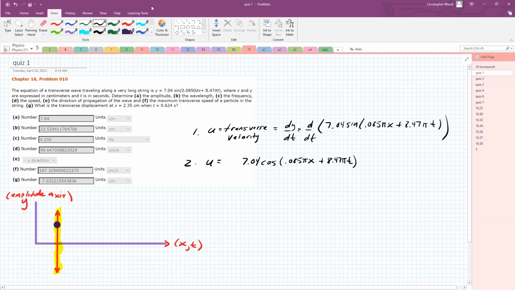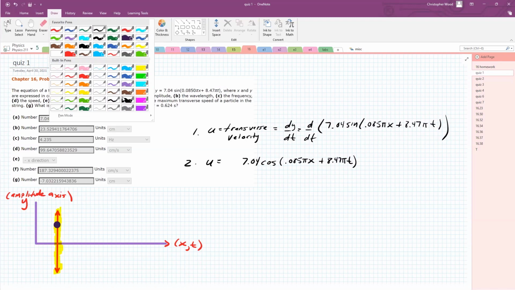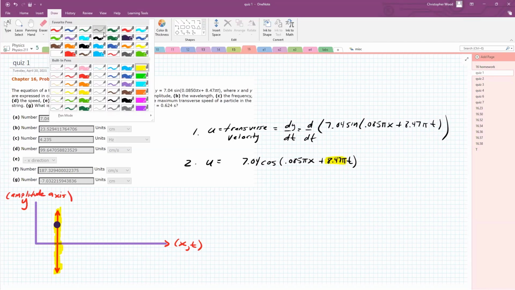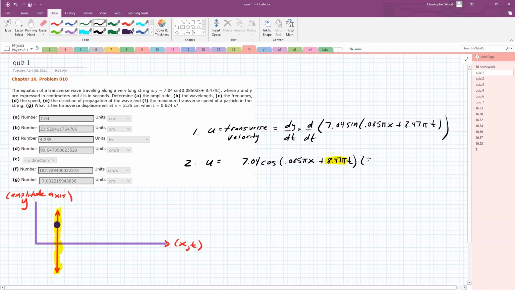And then power rule means, now it's the derivative with respect to time. So what's my time coefficient? It's right here. So times 8.47 pi. All right, that's it.